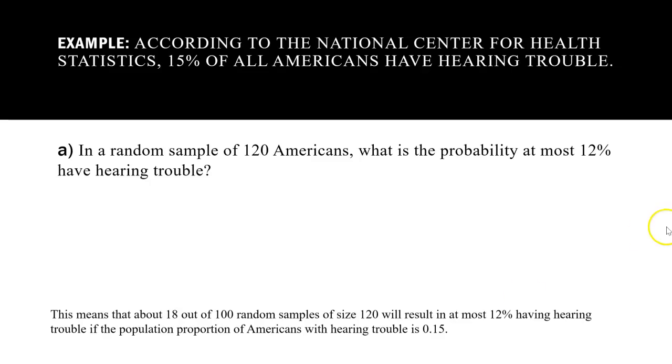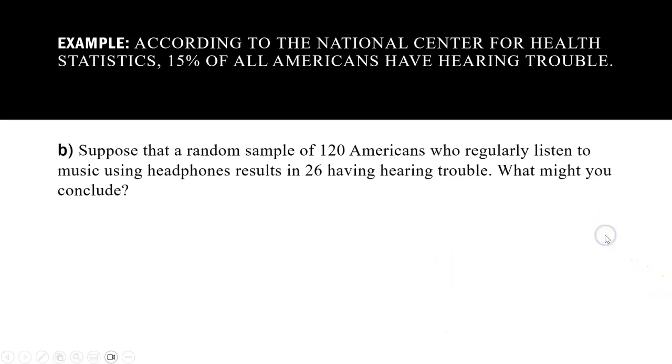And now I want to do another example. So the same problem, according to the National Center for Health Statistics, 15% of all Americans have hearing trouble. But this time, suppose that a random sample of 120 Americans who regularly listen to music using headphones results in 26 having hearing trouble. All right. What might you conclude with this information?